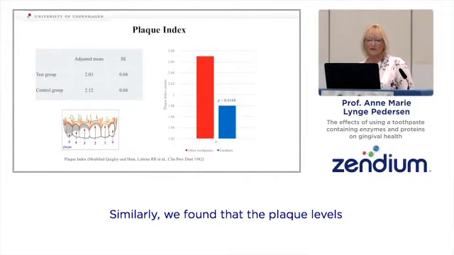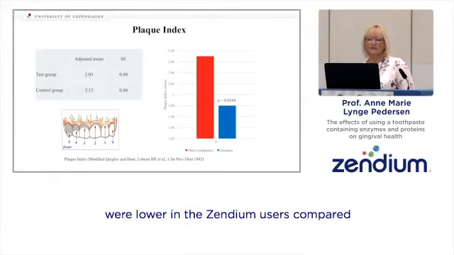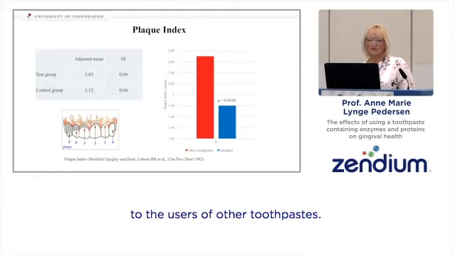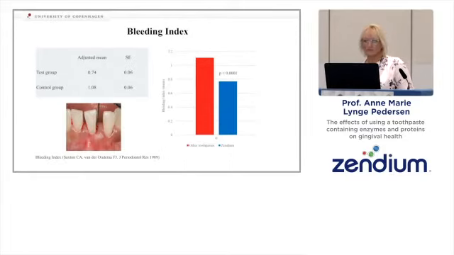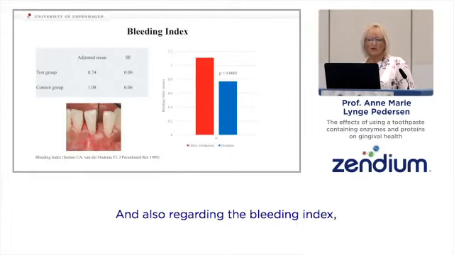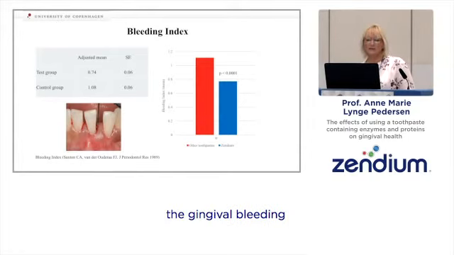Similarly, we found that the plaque levels were lower in the Zendium users compared to the users of other toothpastes. And also, regarding the bleeding index, the gingival bleeding was lower than in the control group.